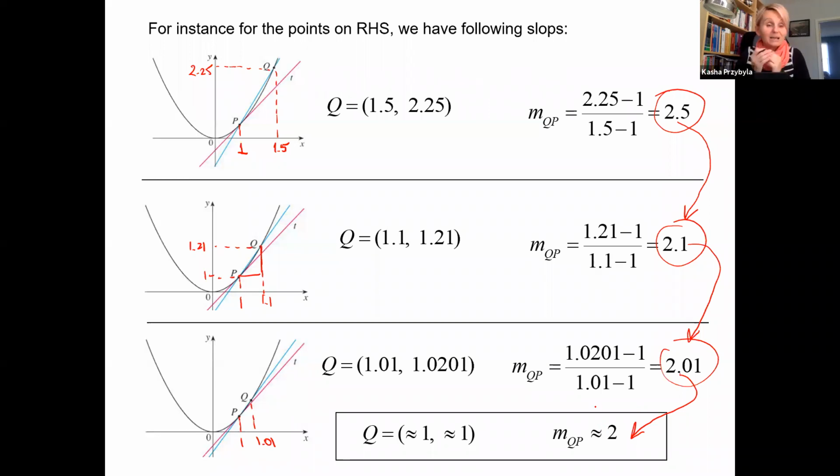That's actually the way to do it. To find the slope of the tangent line, it will be the limiting position of the slope of the secant line. And we can do the same calculation on the left-hand side. We can approach 1 from the left, 0.5, 0.9, 0.999, 0.99999, even closer.